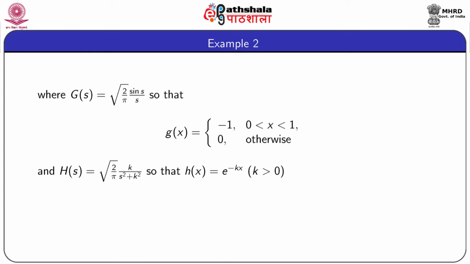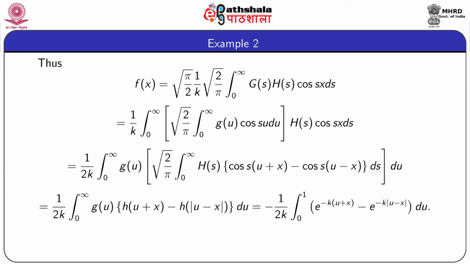Capital H(s) is the other function, root over 2 by pi k by s square plus k square. So, small h(x), which is the Fourier inversion of capital H(s), is equal to e to the power minus k x for k positive.